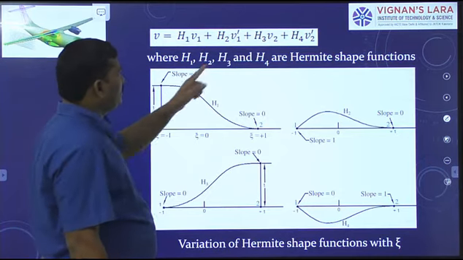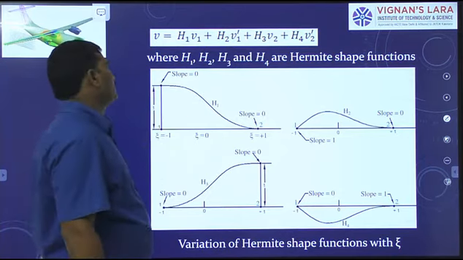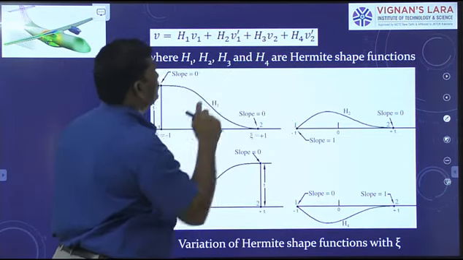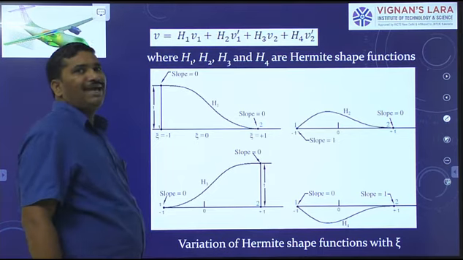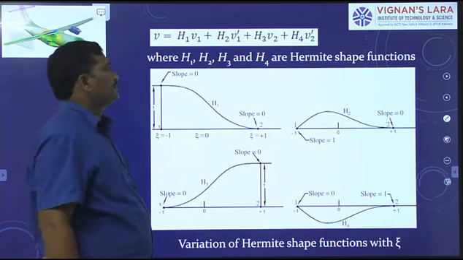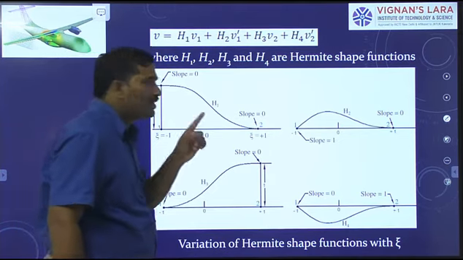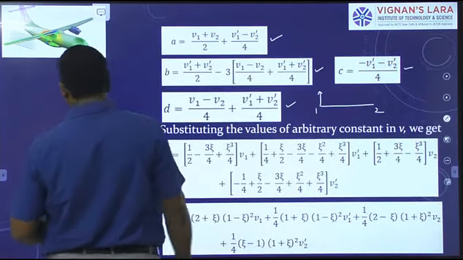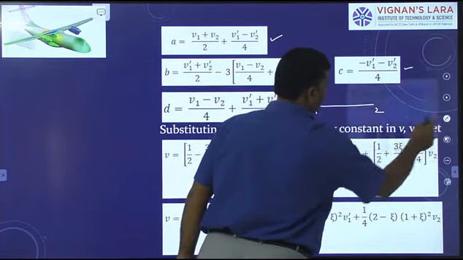Understand? What are H1, H2, H3 and H4 here? They are the Hermite shape functions. How do they appear? That we see here. The Hermite shape functions will appear like this.